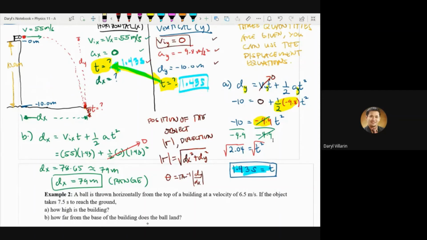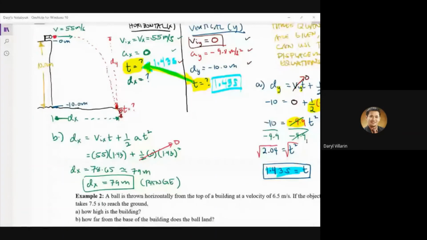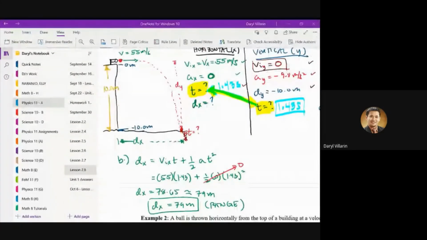The velocity along y would not be equal to zero, but the velocity along x is always 55 meters per second. I'm just going to erase this. Are there any other questions or clarification?